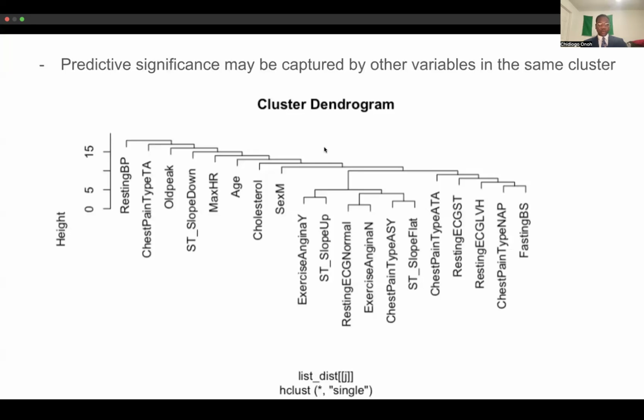So what this means is that when we do start to do some feature selection, we may begin by removing these variables as their predictive significance may be captured by other variables in this same cluster.